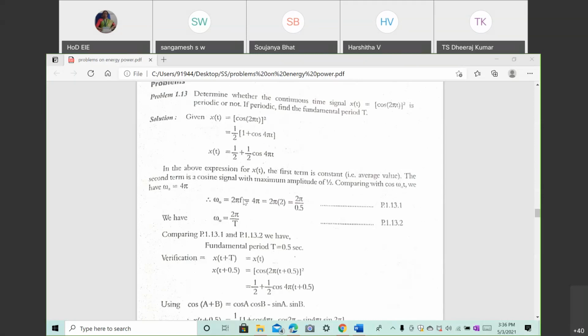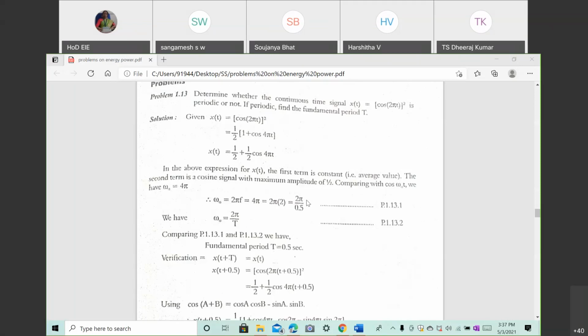Then omega naught is equal to 2 pi f, and that is equal to 4 pi as per the equation. We can split 4 pi into 2 pi into 2, which gives the same 4 pi. As per that, f equals 2.